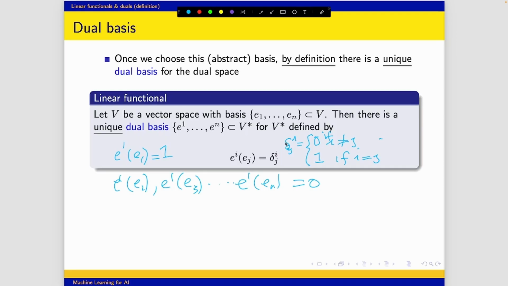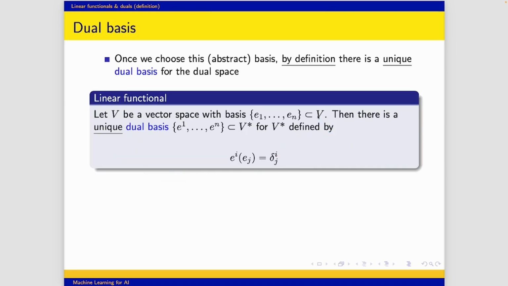Now, first of all, why does this make sense? Let's think about it. If each of these is an element of this, so let's take the ith one, it's in V star. So this itself is a linear functional or covector. That means it acts on vectors v in V and gives us a number. Now, what are these?